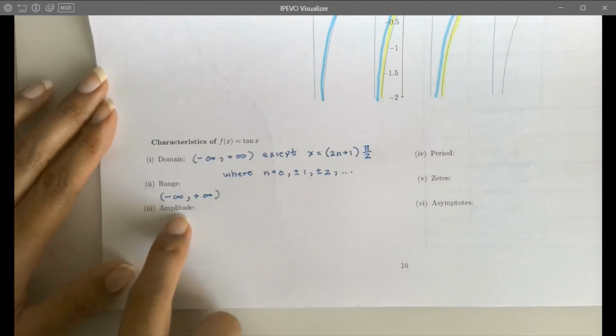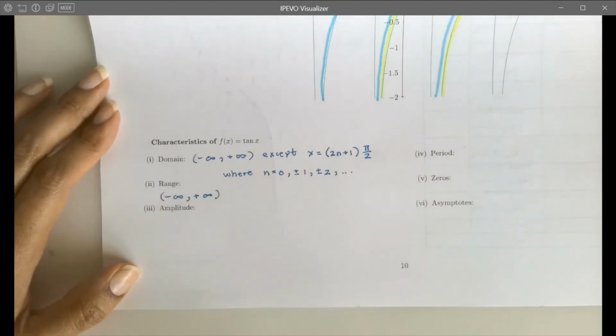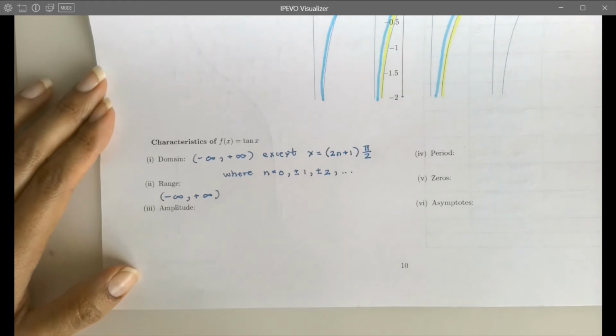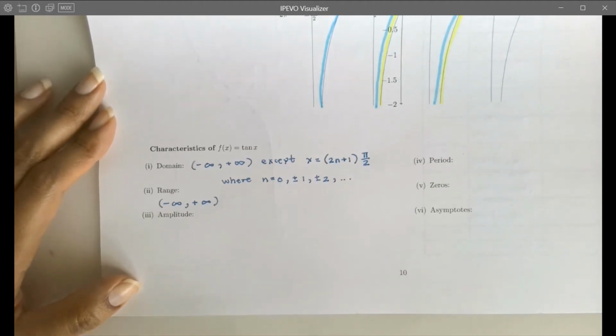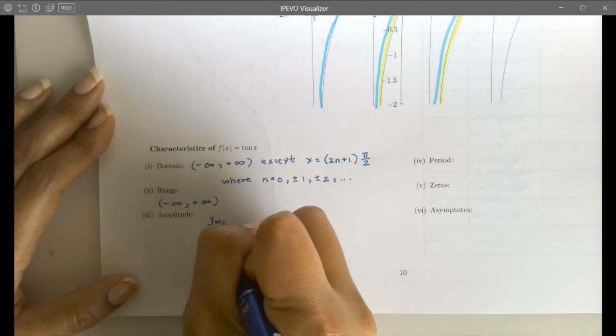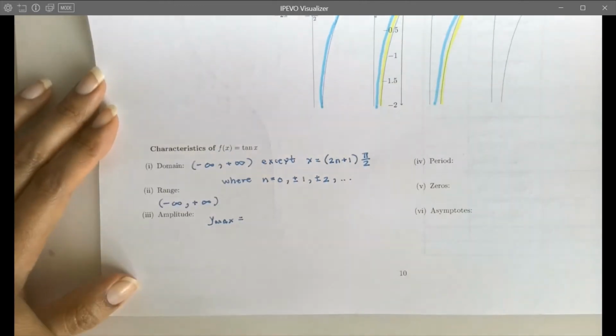Okay, and then what about the amplitude? Well, if you recall, the amplitude was half the distance between the largest y value and the smallest y value. In this case, the largest y value, so let me just write that, y max, doesn't exist, right?